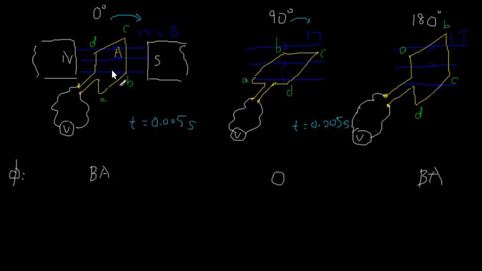Okay, so according to Lenz's law, the direction must be in such a way as to oppose this change. Now, this change in this case is a decrease in the field, in the flux. So to oppose this change, the current must try and increase the flux.